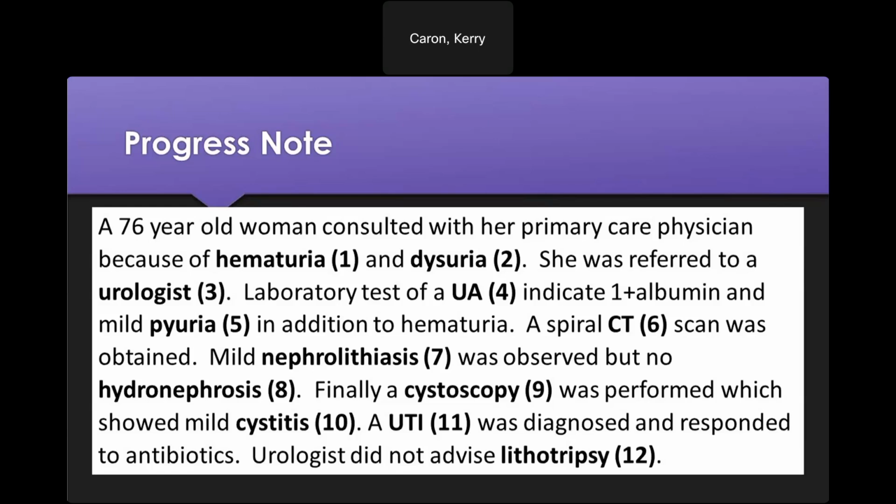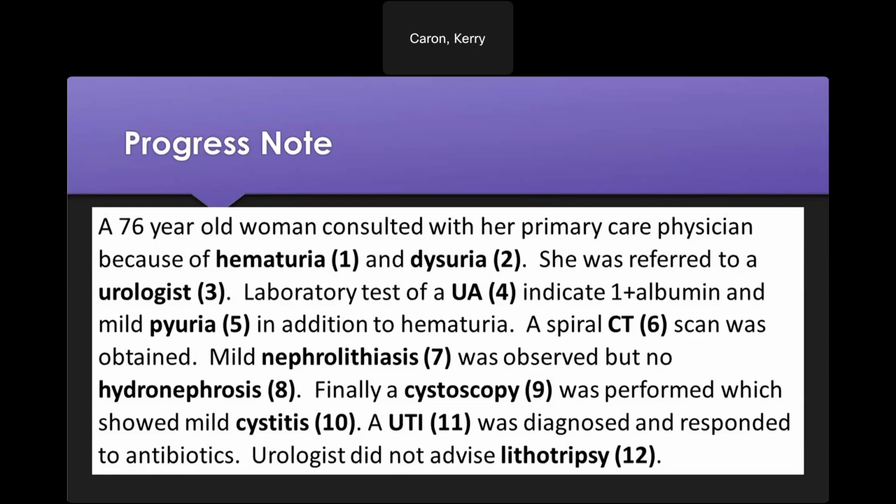Finally, a cystoscopy, or process of visually examining the bladder, was performed and showed mild cystitis, or inflammation of the bladder. A UTI, or urinary tract infection, was diagnosed and responded to antibiotics, probably through a C&S. Urologists did not advise lithotripsy, which is crushing stones.